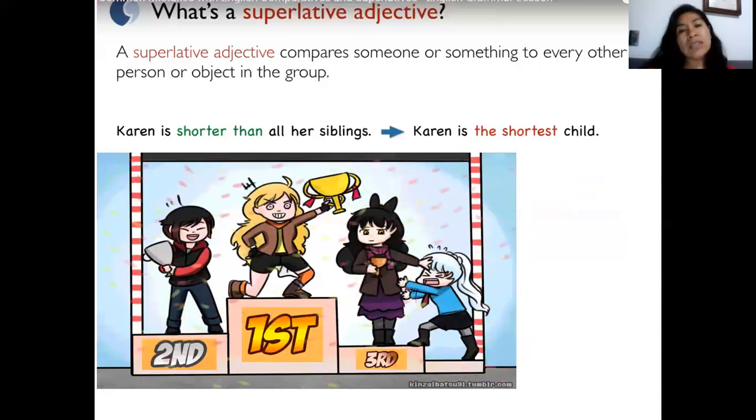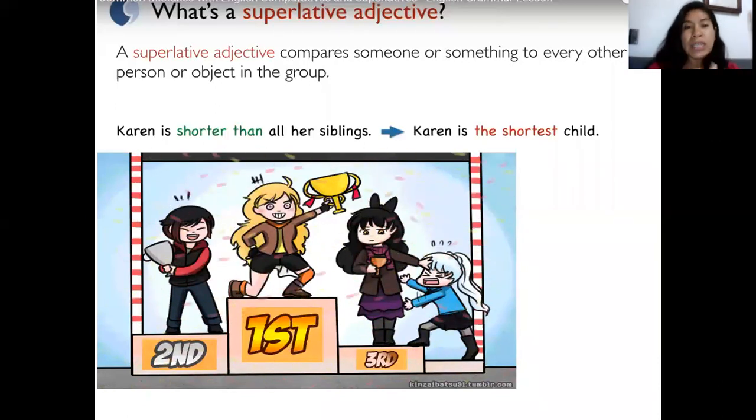In the picture, it's like a podium. Only one person among the three is the unique, the best. So in a superlative, within a group, one of them is the best, the unique, the maximum. This is the difference.